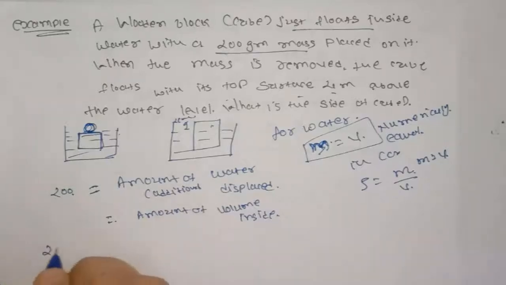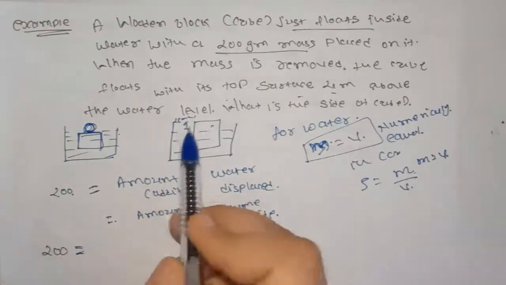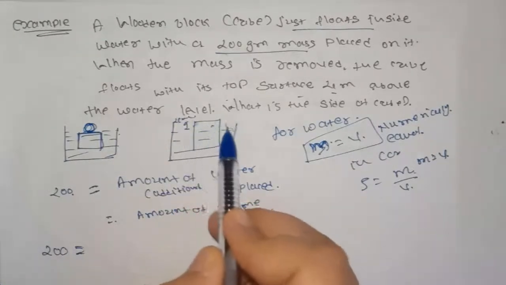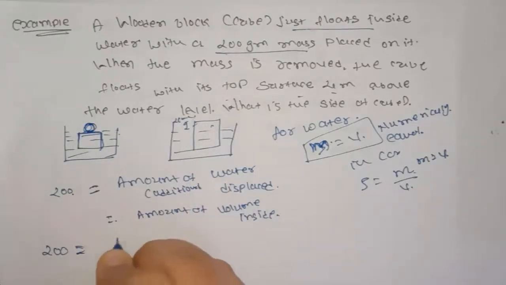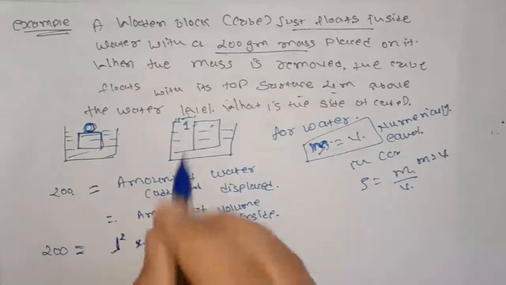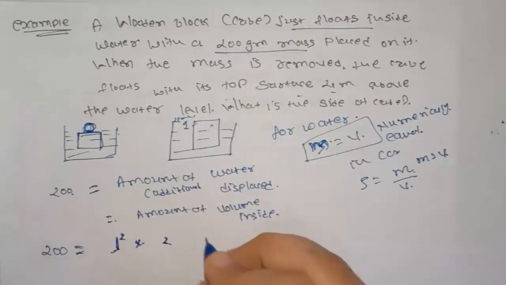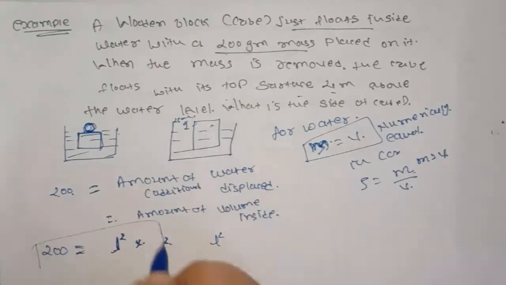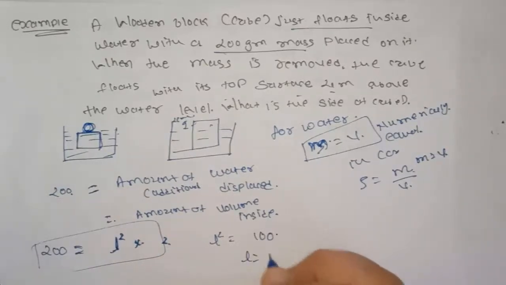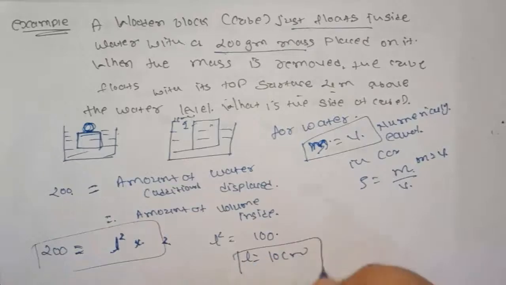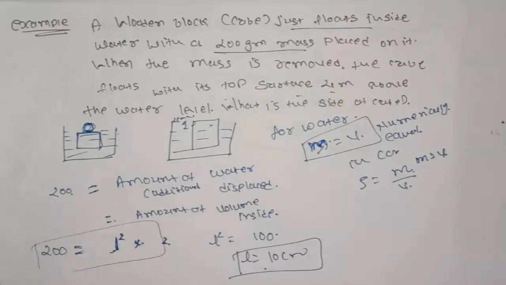So 200 will be equal to the additional volume immersed of the object, which will be area, that is side square, L square, into additional height 2. So L square will be equal to 100. So L will be equal to 10 centimeter. So side of the cube will be 10 centimeter.